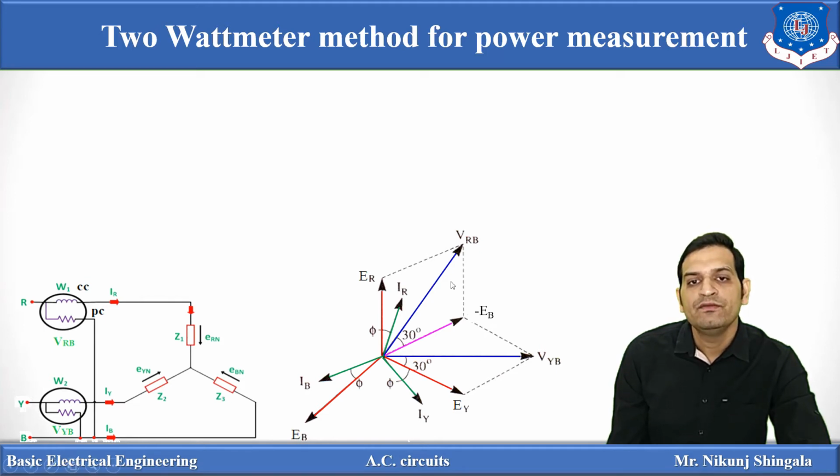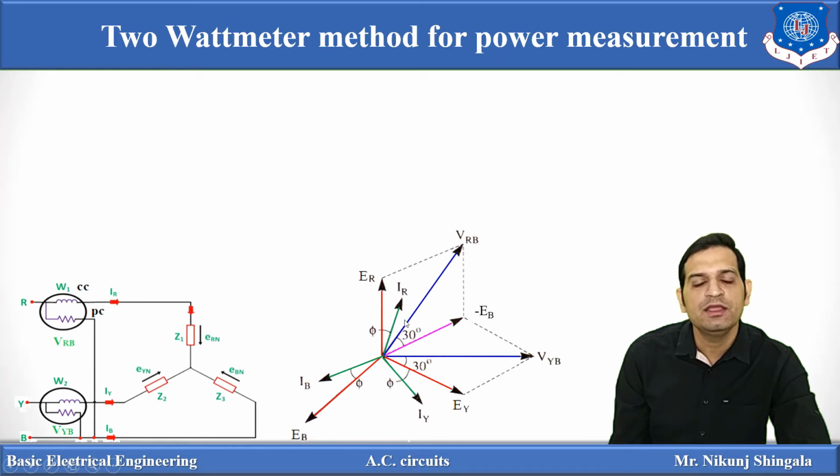Now we require two voltages over here, that is, the line voltages VRB and VYB. VRB is the phasor sum of ER and minus EB, which can be found using the parallelogram method that we already discussed in the previous video lecture. And VYB is the phasor sum of EY and minus EB, which can also be found using the parallelogram method. Now, what will be the angle between ER and VRB?